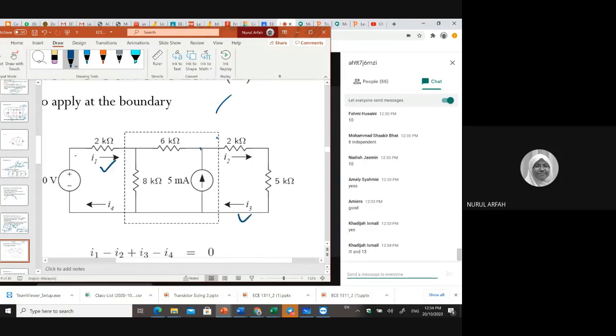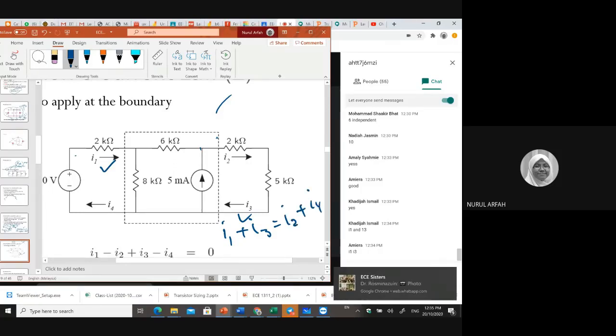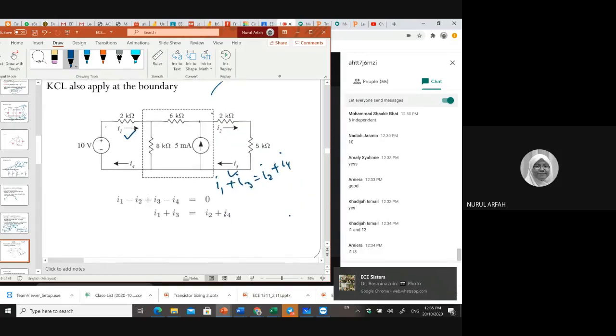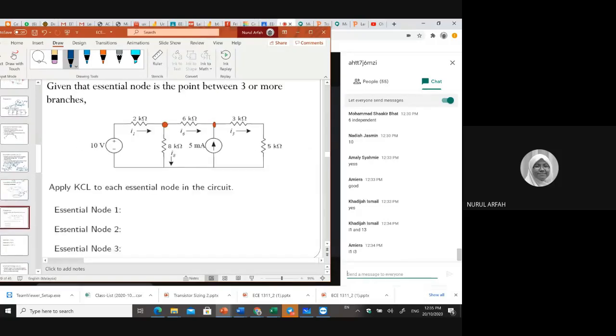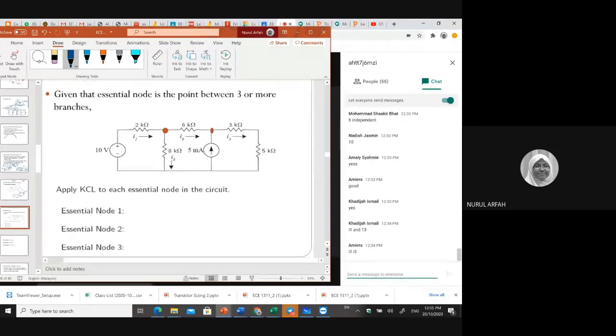I1 and I3 should be added together, because the summation of all current entering should be equal to the summation of all current leaving. So you have I2 plus I4. So this is an equation, and if you rearrange, yes, you can get this. So it's the same. Okay, now current Kirchhoff. For this one, still that one.